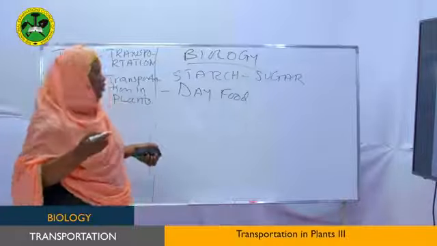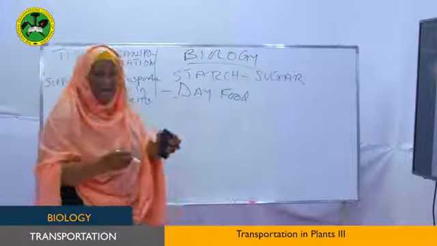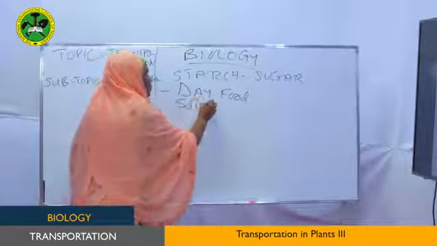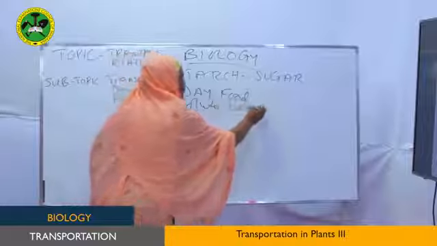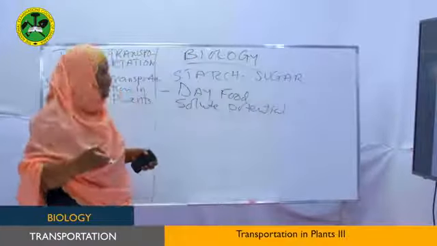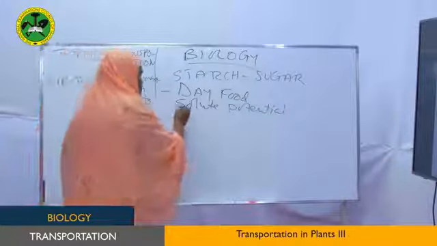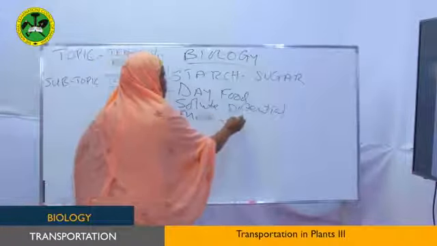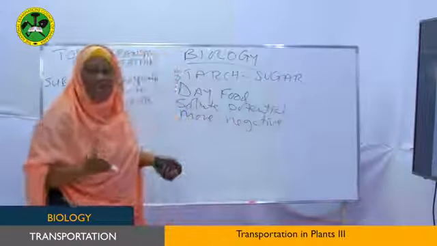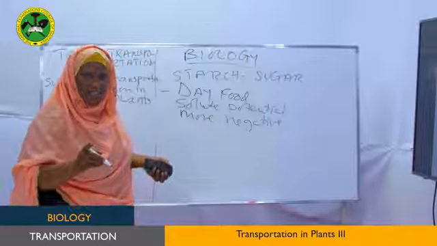This food, which is synthesized there, makes the solute potential in the guard cells to be more negative. Solute potential becomes more negative.